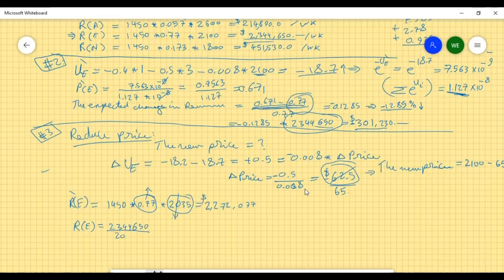Let's try 2020, and let's see how many passengers. This way, that means we need to have this sum of passengers. So we need to have, out of the 1450, 1160 passengers.